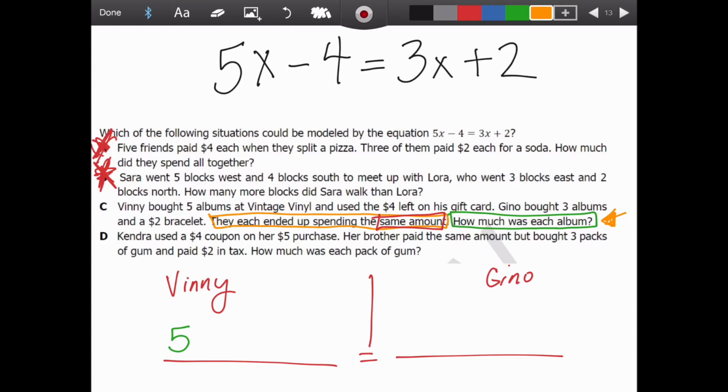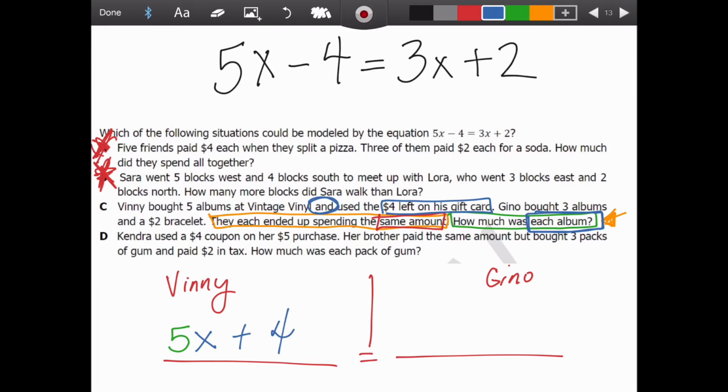Does it tell us how much he spent on each album? No. So this each album gives us our variable. That's our variable. 5 times however much the albums were. Okay, then it says, and he used the $4 left on his gift card. All right, so if you add $4, that's how much he spent total.